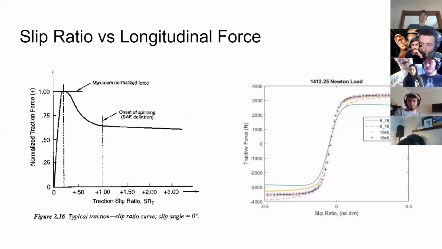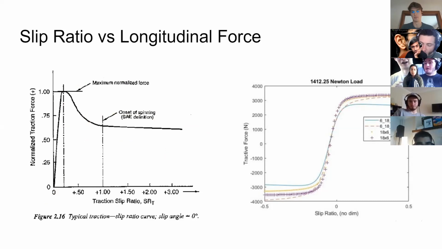Okay. So just like there's a lateral force versus slip angle plot, there is a longitudinal force versus slip ratio plot. On the left, here are the ones they have in RCVD. These are the same plot, but they obviously have a much longer x-axis in the book.